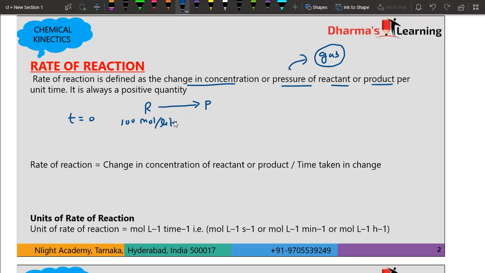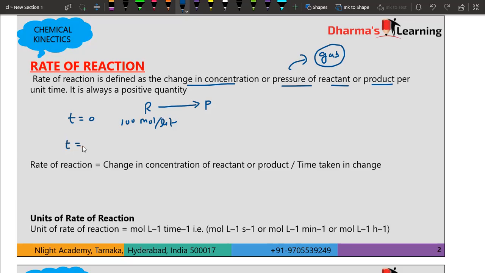As time proceeds, the concentration of the reactant is going to decrease. Why? Because the reactant starts reacting and converts into the product.